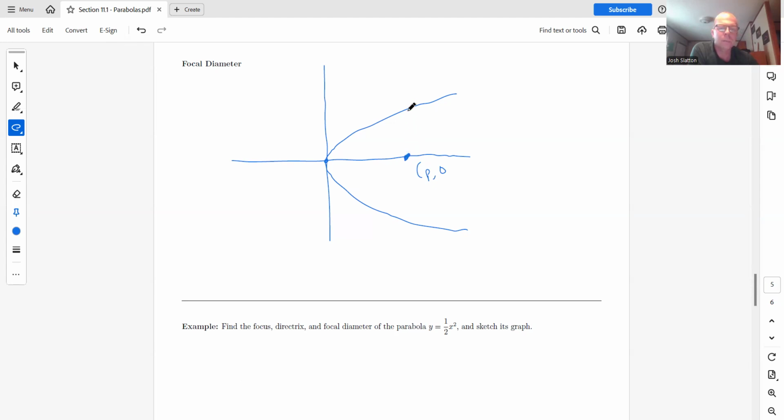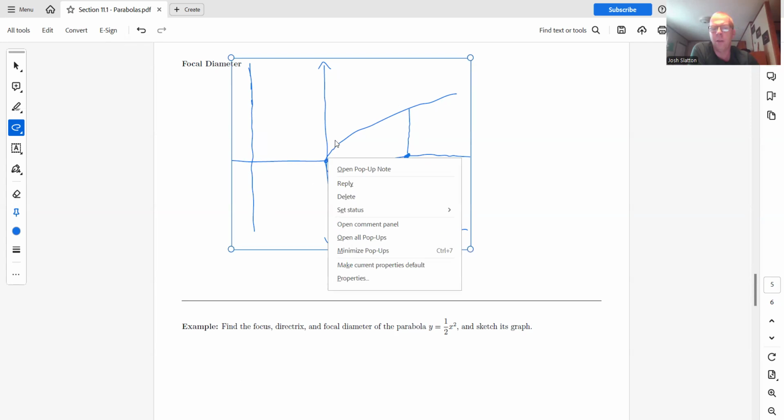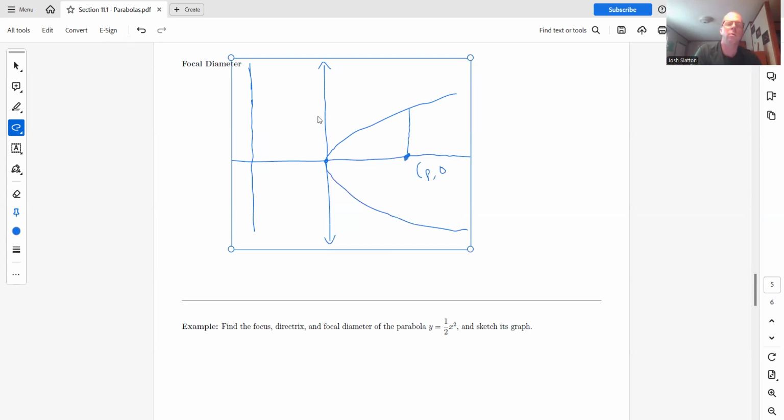Now this distance, and then of course the directrix. Let me draw a solid line. Maybe that's why. So there's a y-axis. Here's the directrix. So this distance from the focus to whatever point that would be on the parabola, that distance is p.